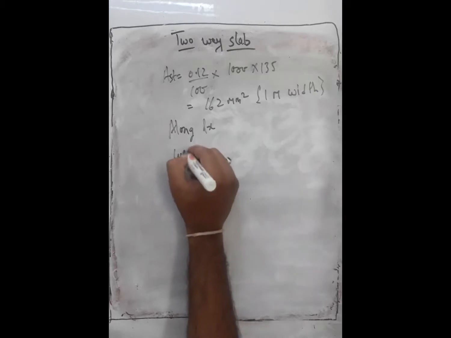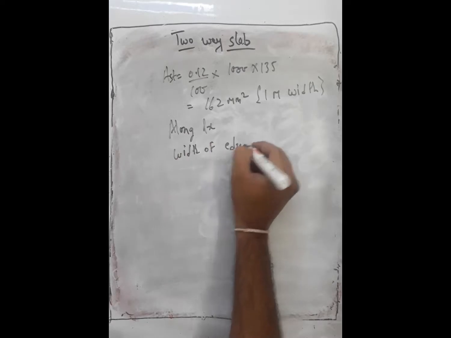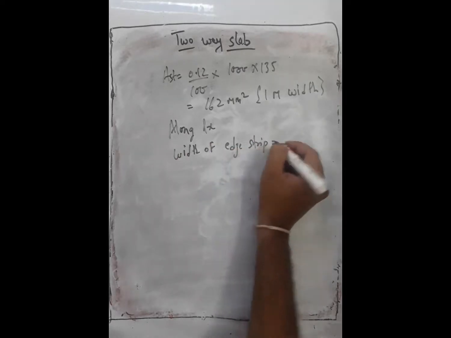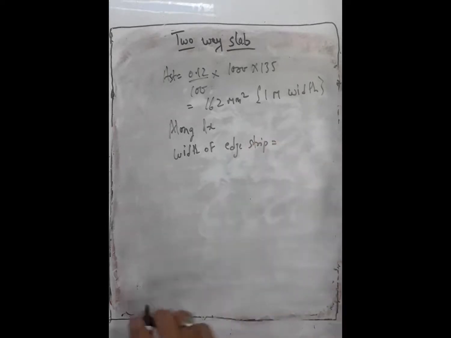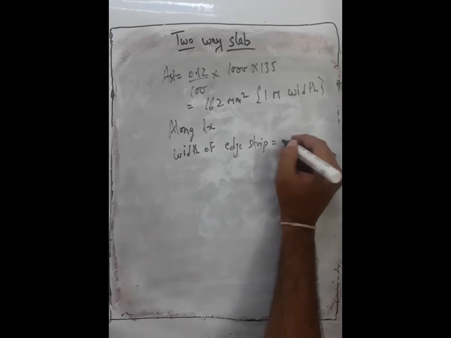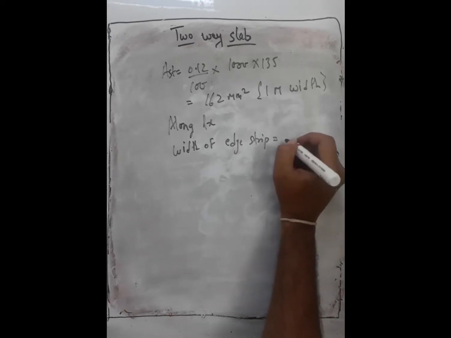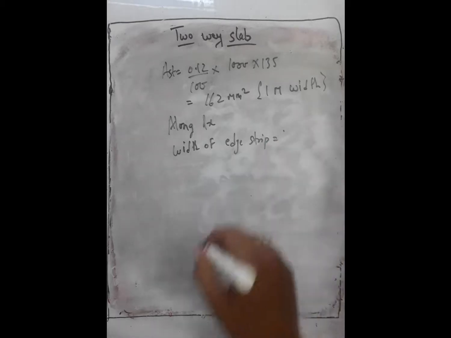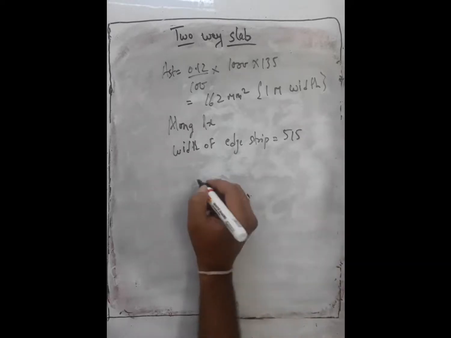So the width of edge strip along Lx is Lx by 8. So Ly by 8 we have. After solving this, you get 515.